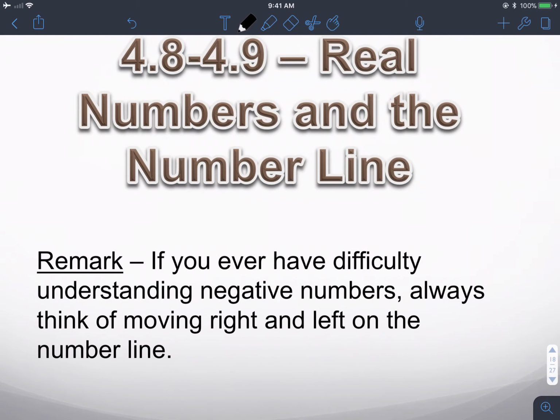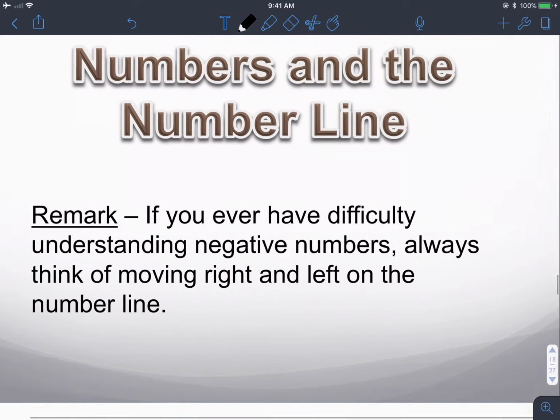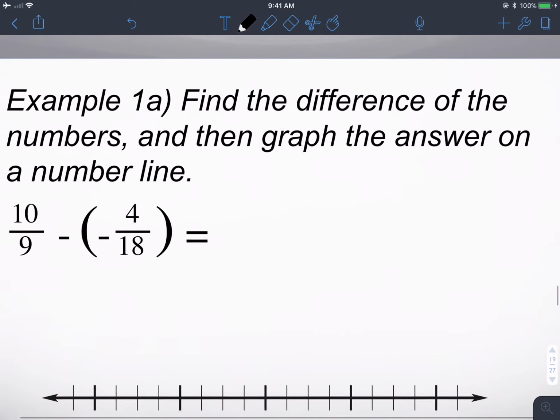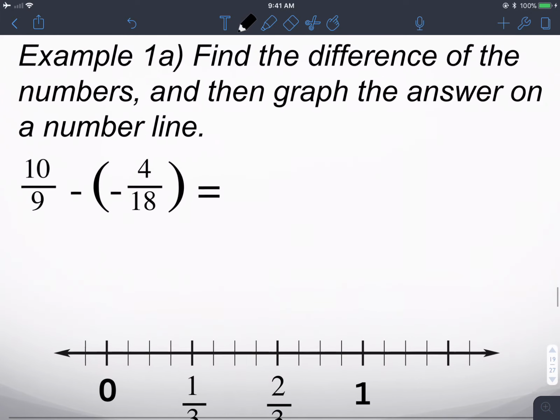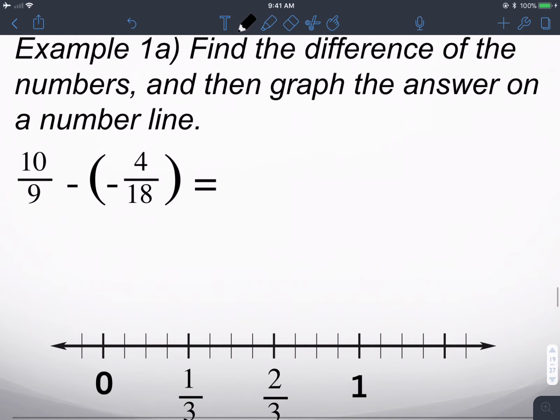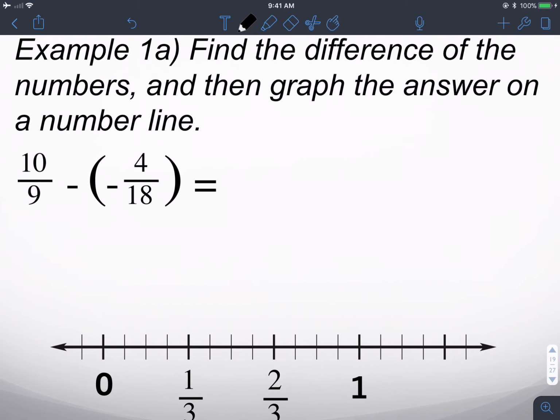We did talk about viewing negative numbers as thinking of moving right and left on the number line. So they're going to ask you to add or subtract positive and negative fractions, which we did in a previous chapter. But then they're also going to ask you to graph it on a number line.